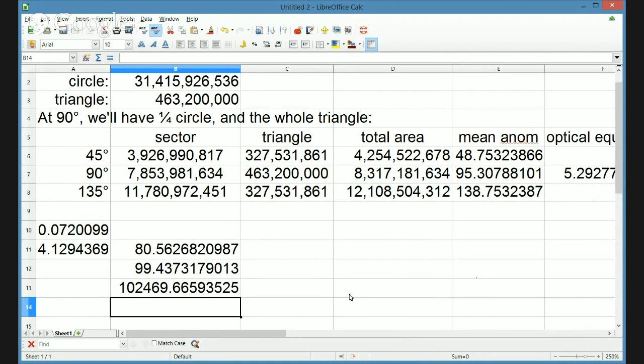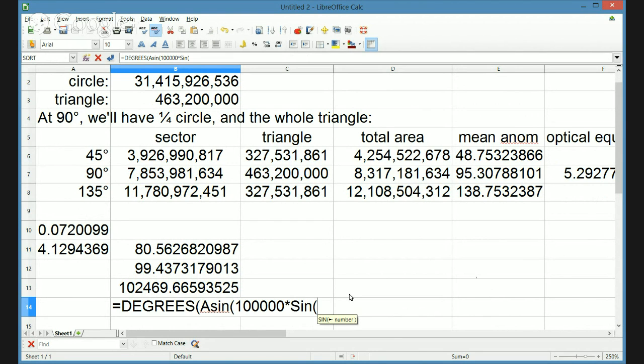Which comes out to, what do we get for that? We get 100,000 times the sine of that angle divided by that 102 number.